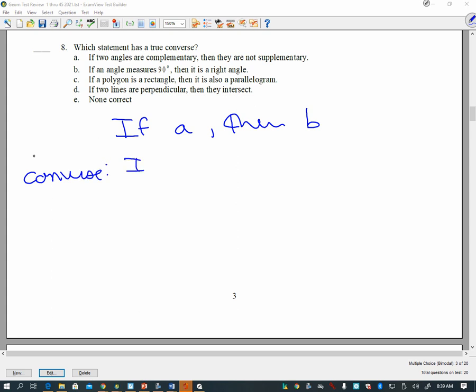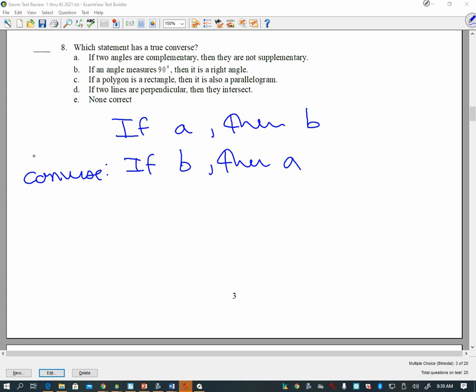If B, then A. So as I look at this question, one of the things I need to do with each of these, okay, so this is my work for this, right? I'm going to write the converse of each statement and write next to it true or false, okay? Look at A. What's the converse of statement A?